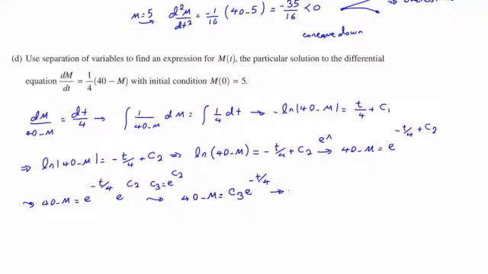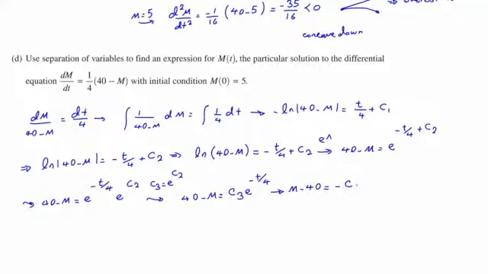Then we can multiply by negative 1: m minus 40 equals negative c3 e to the negative t over 4. Let me tell you something: c3 is positive because it is e to the c2. So we can call it c.